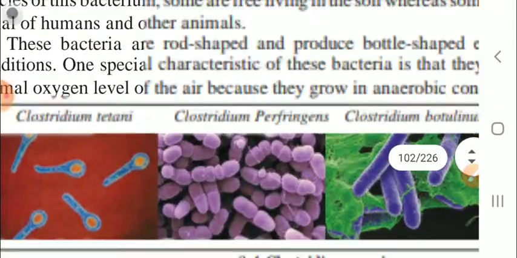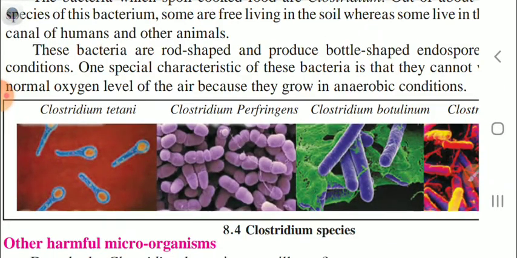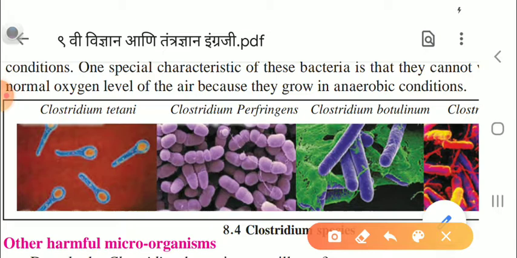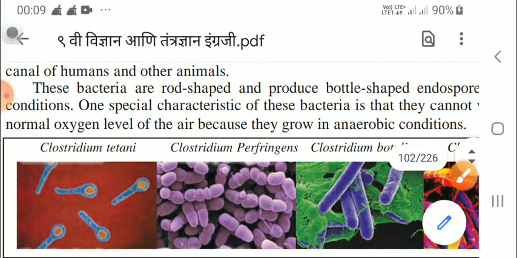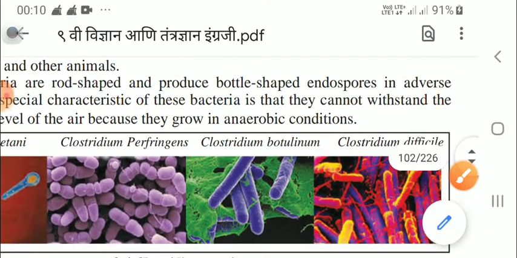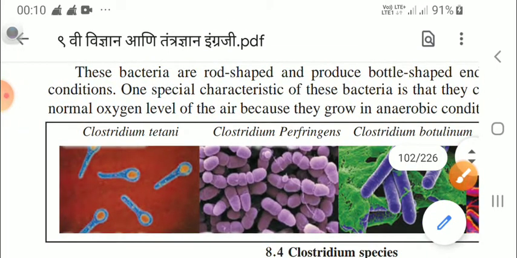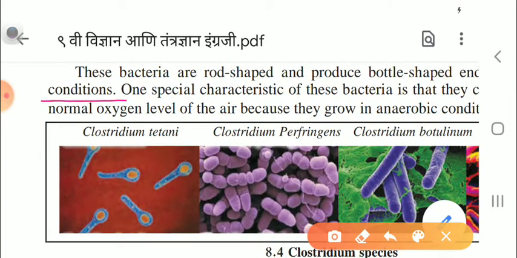These bacteria are rod shaped, and they produce bottle shaped endospores in adverse condition. What are endospores? By endospores the new bacteria will grow.